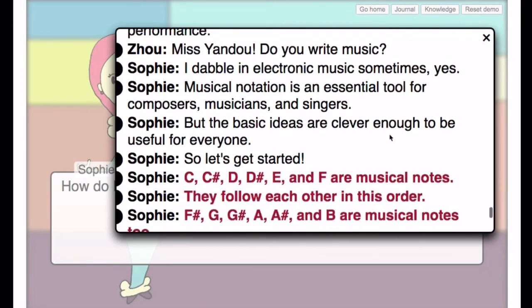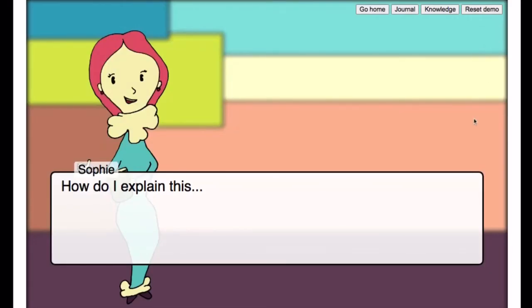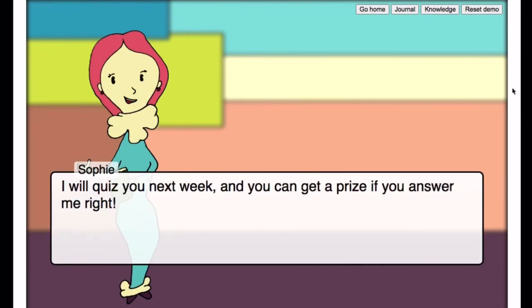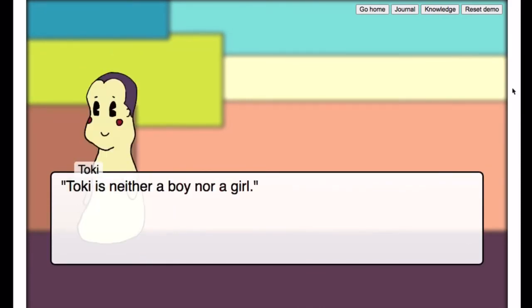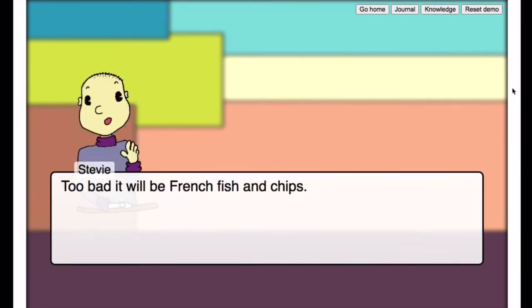Because when Sophie asked what follows B, Toki now knew, because it's not the first time Toki is trying to get through this day. So Sophie says, "You're good at this. I haven't even explained that yet." And we got an even higher grade, so it's good. I just pressed space too much. Obviously, I haven't answered these.